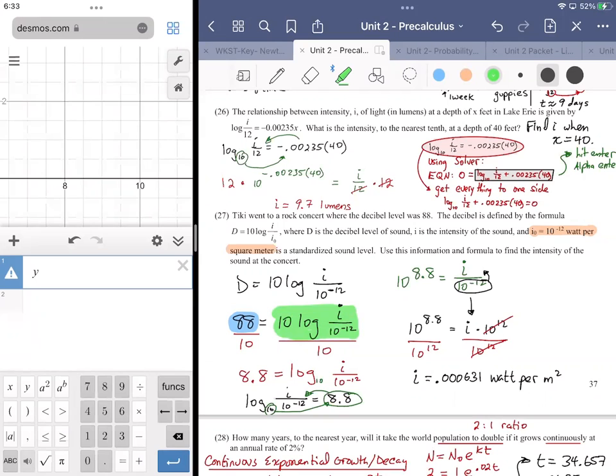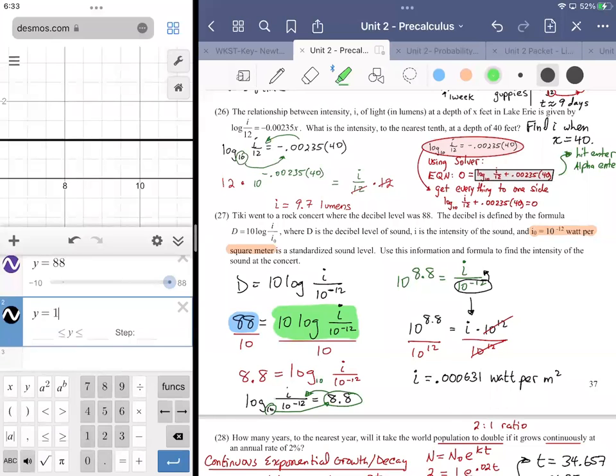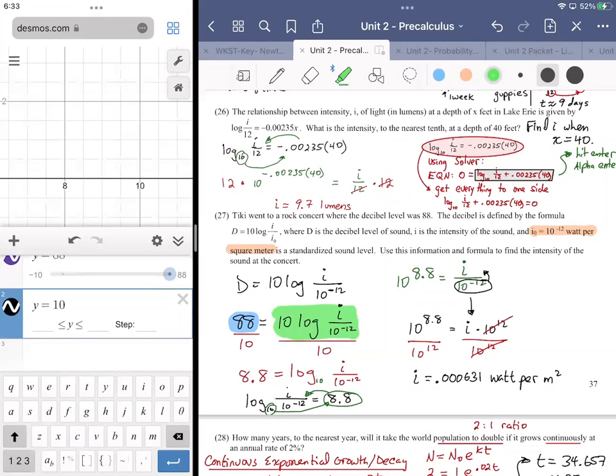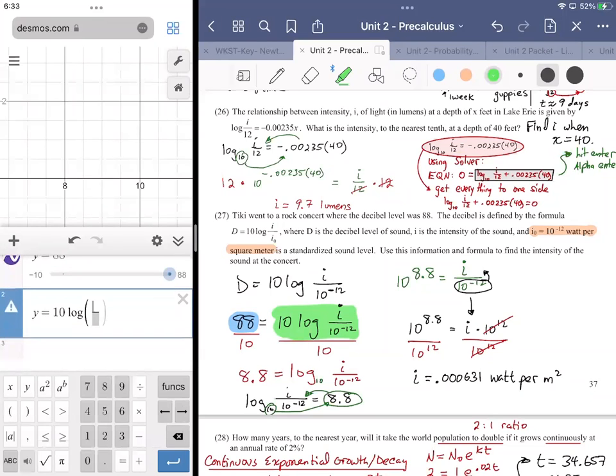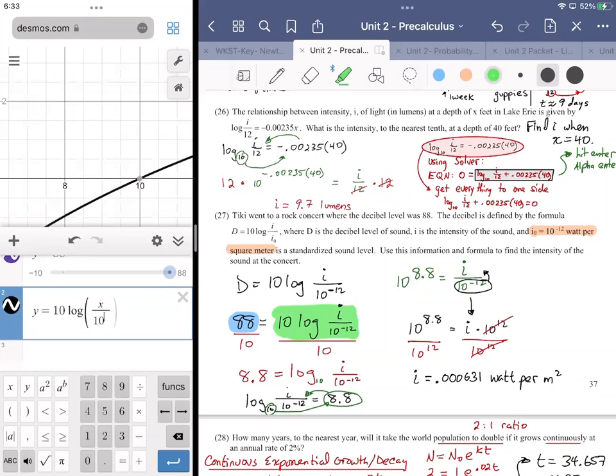And then you just see where they cross. So y equals 88, enter. Y equals 10. It's a common log, so I just type in log, L-O-G. I'm going to use x instead of I. 10 raised to the negative 12th power.